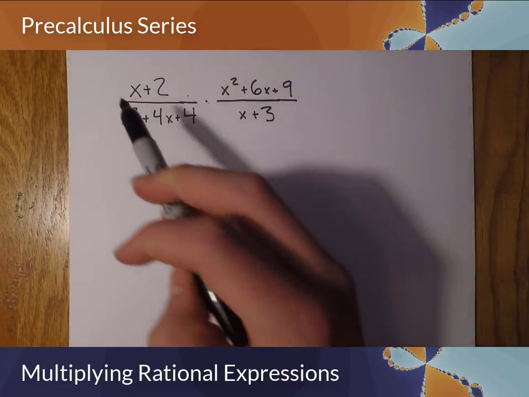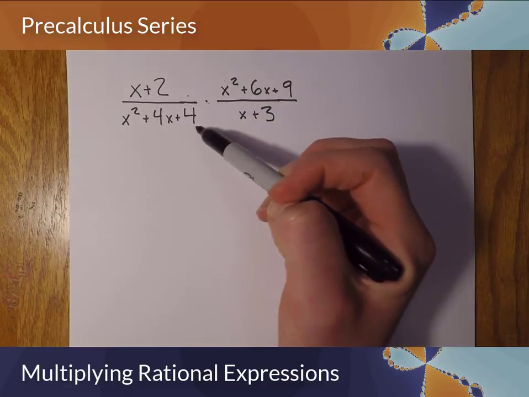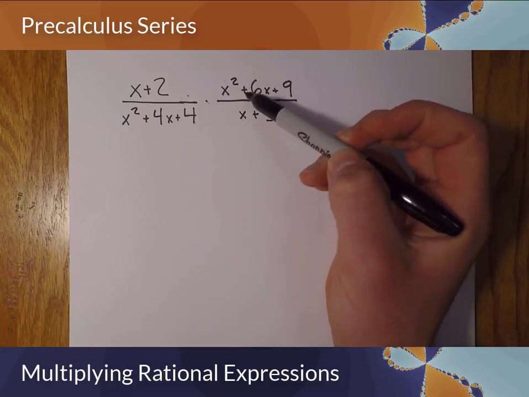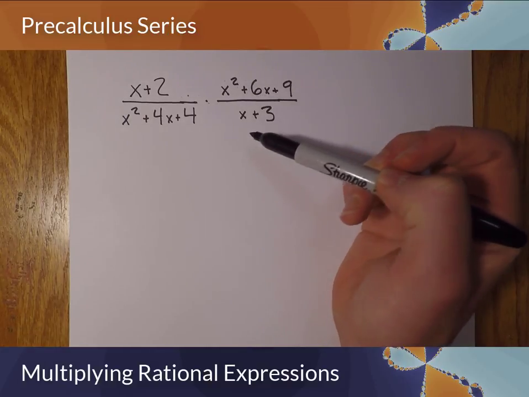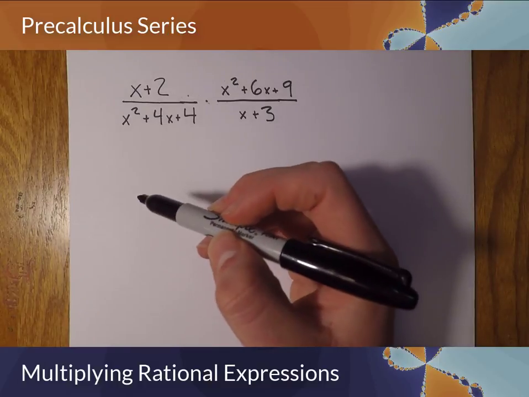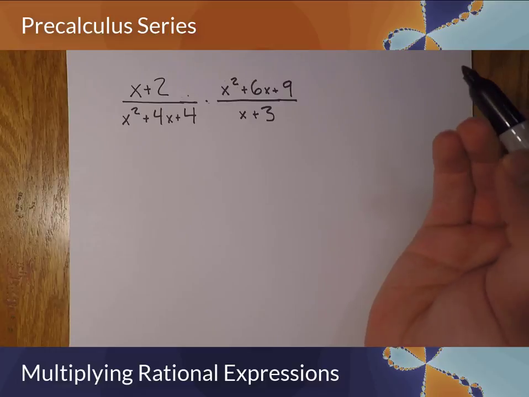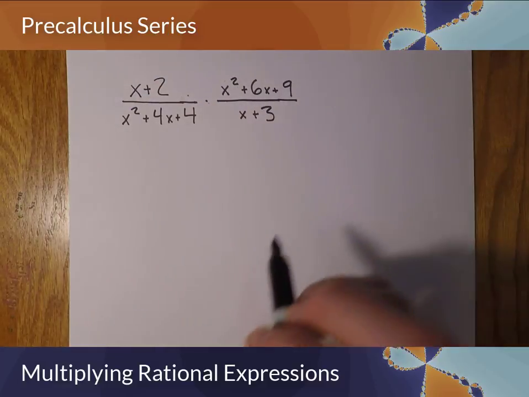For this problem, we're going to be multiplying (x + 2)/(x² + 4x + 4) by (x² + 6x + 9)/(x + 3). To solve this problem, we solve it in the same way that we solve multiplication with fractions. We just multiply across.